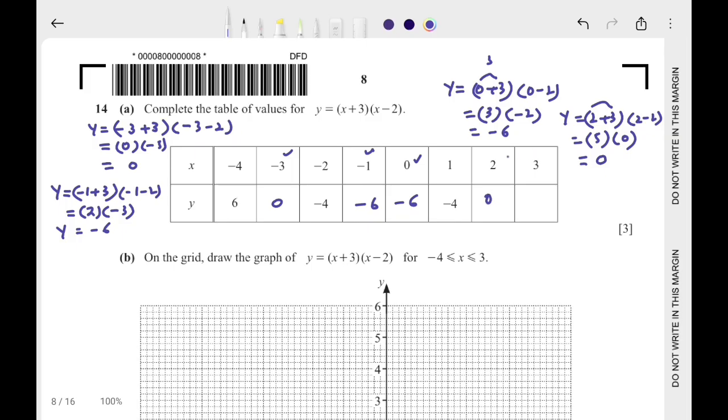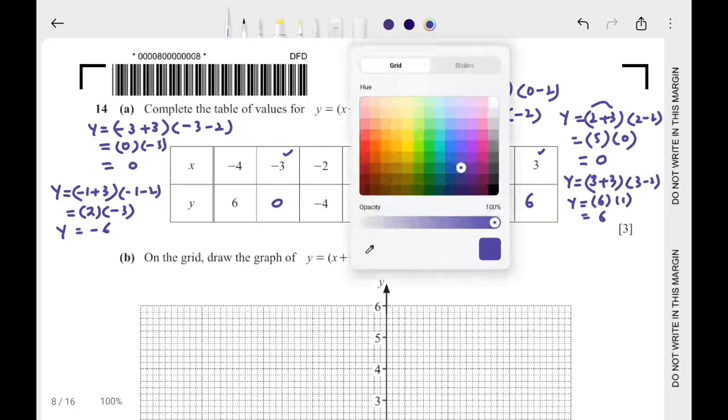Now we have to substitute 3. So y is equal to (3 plus 3)(3 minus 2). 6 times 1 is 6. The value of y is 6. Now we have to plot them.